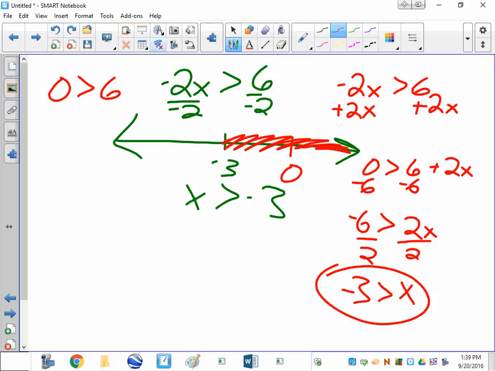Is this and this the same thing? They're not the same. One says x is bigger than negative 3, and the other one says x is less than negative 3. So negative x's cause problems, and here's what the problem is.